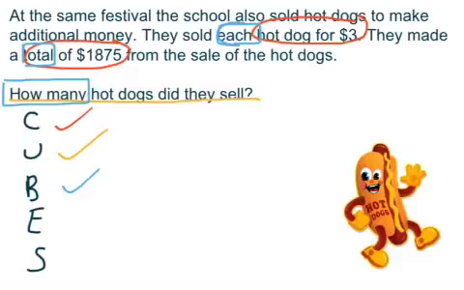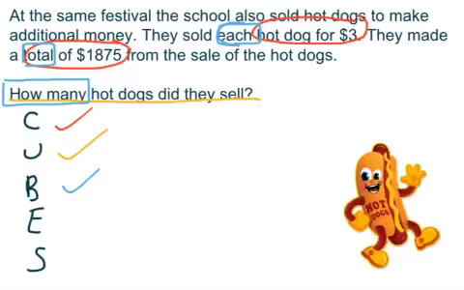Because when asked how many of specific items do we have, then it makes me think about a different operation. Right? If I know that I made a large amount of money of $1,875, and that I made it by selling hot dogs that each of them cost $3.